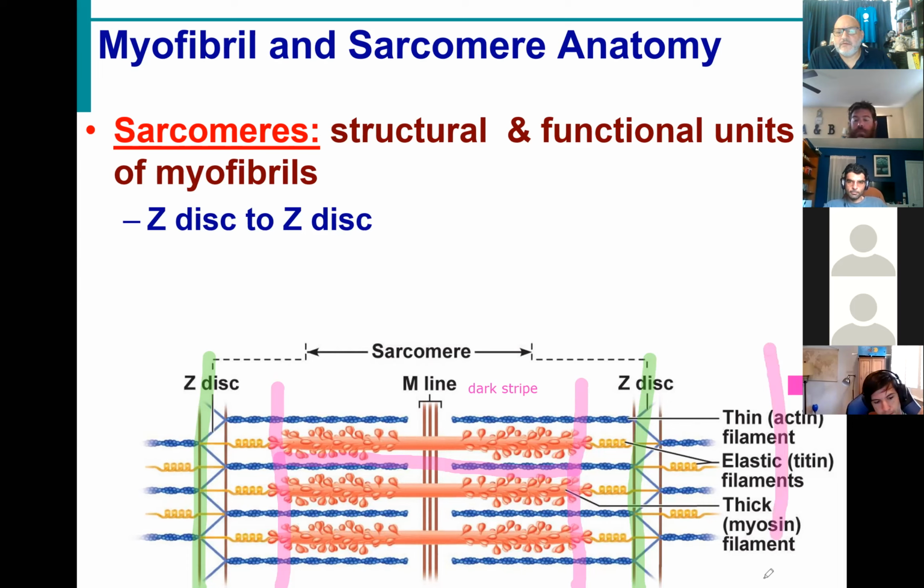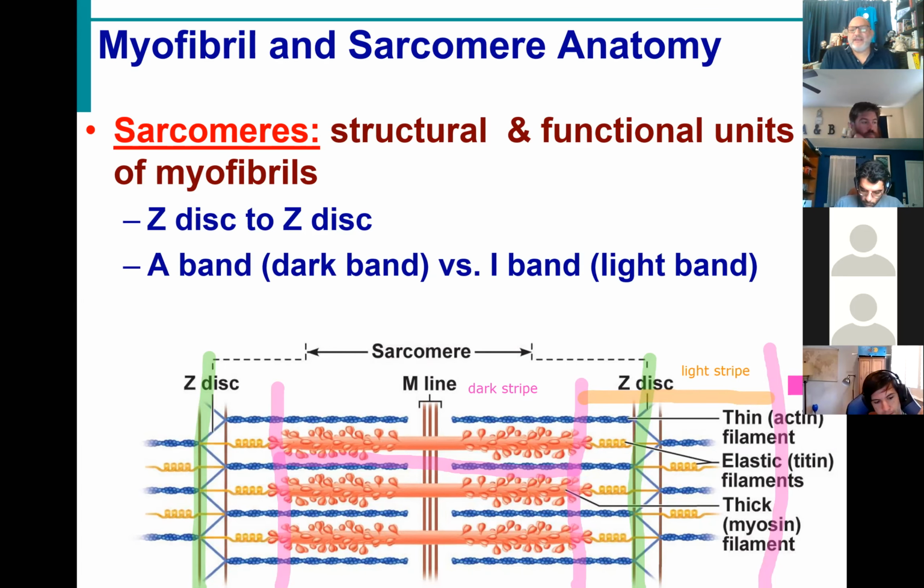So from the end of this myosin to the beginning of this myosin, we have this region in here that has no myosin in it. And the area with no myosin in it is what we call the light stripe. So these are the dark stripe and the light stripe, or what are also known as the A band and the I band.